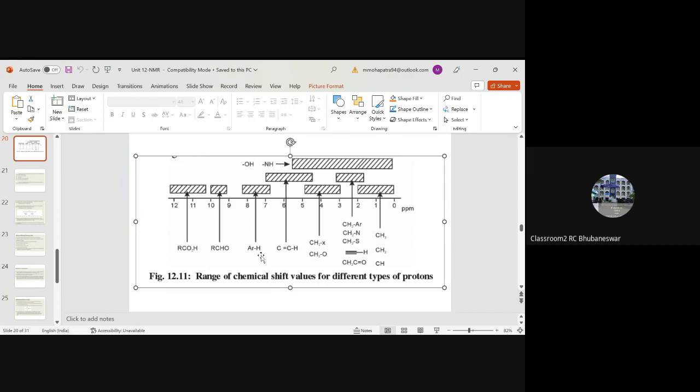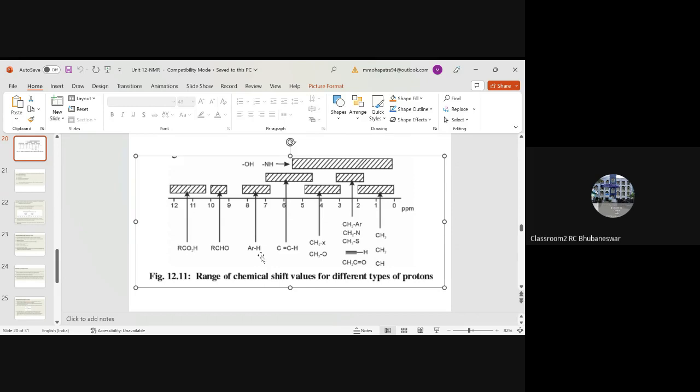Like the way we discussed during IR spectroscopy, if OH is there in a molecule, in which frequency region the signal should come. That little bit of idea you must have in order to do structural elucidation. Otherwise it will be very difficult. Understanding this concept has no meaning if you can't apply it in structural elucidation.